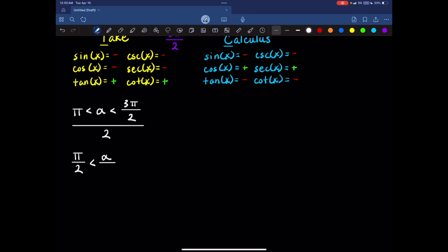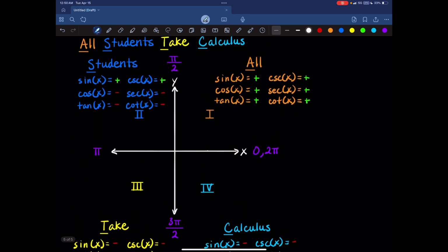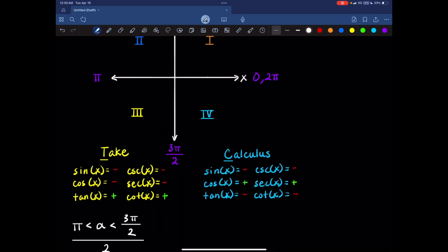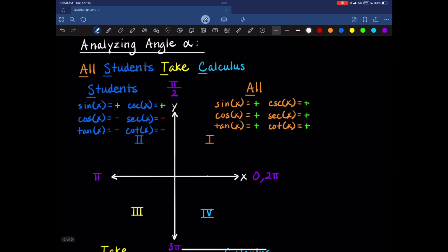That's our half angle. And 3 pi over 2 divided by 2 is 3 pi over 4. So now we know where our half angle lies. And if we look at our graph here, it's between pi over 2 and 3 pi over 4, which is not quite pi. 3 pi over 4 is halfway from pi over 2 to pi.